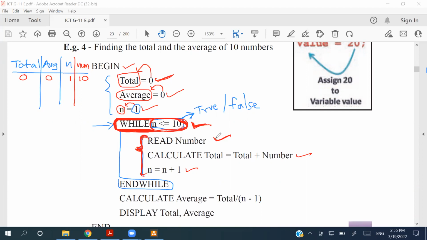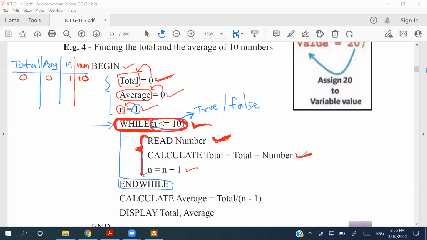First of all, it will read a number. So I say, okay, take 10 for the number. And it says calculate total equals total plus number. What does this mean? We have done these kinds of equations. Total equals total plus number.